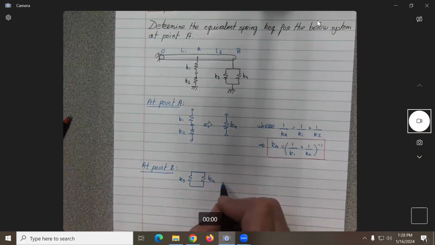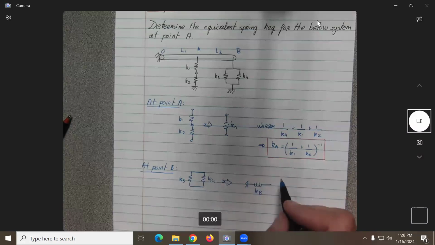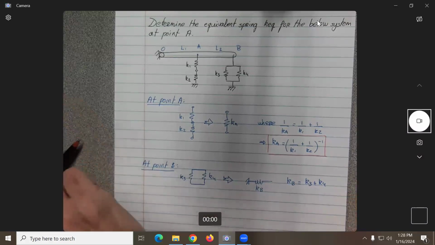K3, K4 should be equivalent here to our K sub B. I mean, I should have done an up and down. Sorry, you do it up and down if you want, okay? It is the same thing. What should be our K sub B? K3 plus K4, no?